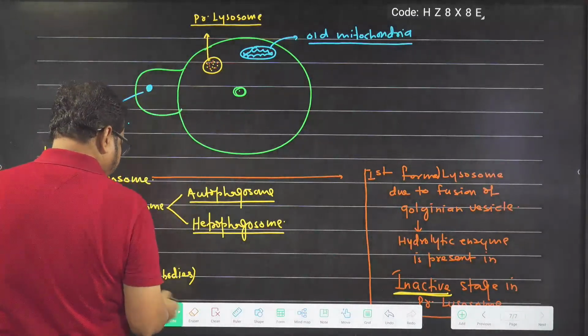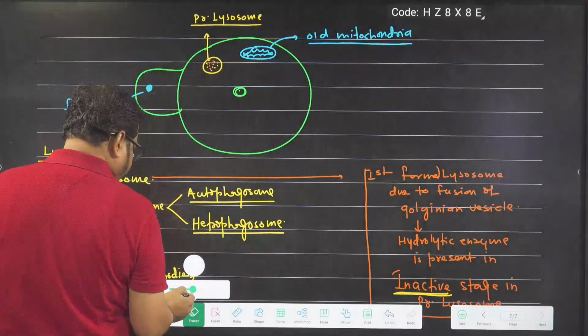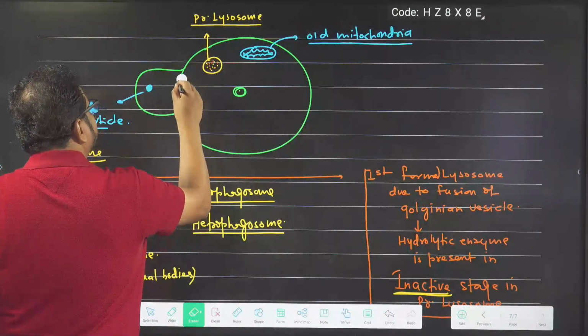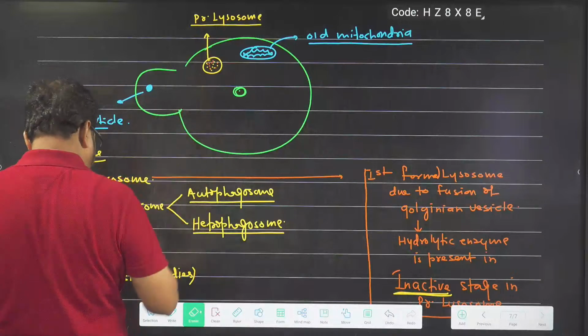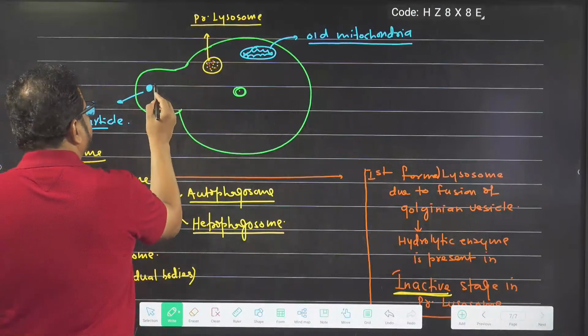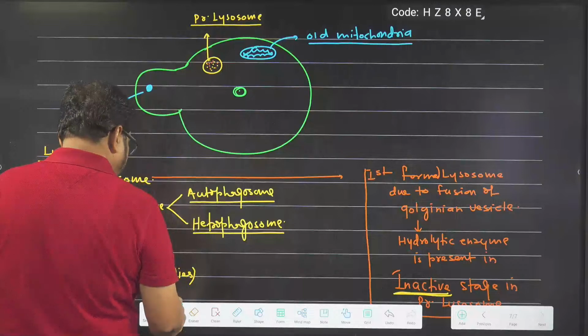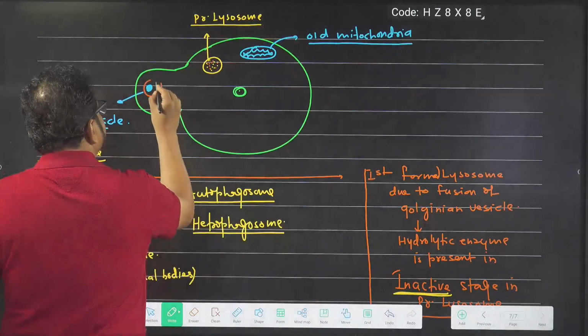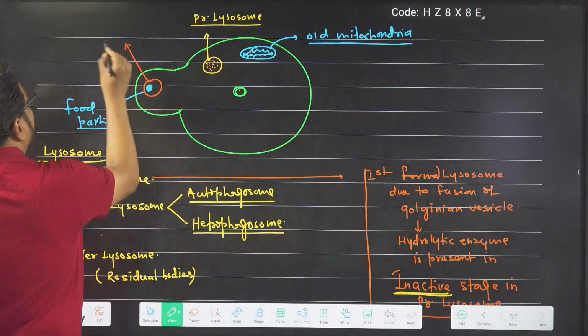Getting the things or not? Now food particle came inside the cell and it is covered by a membrane, and this structure is called now which one? Food vacuole.